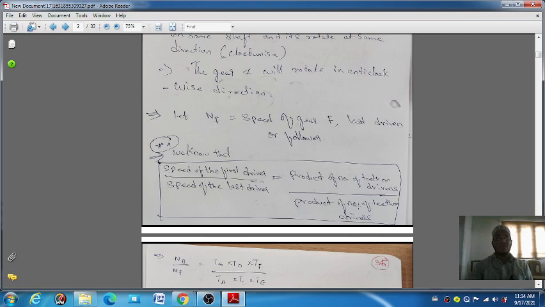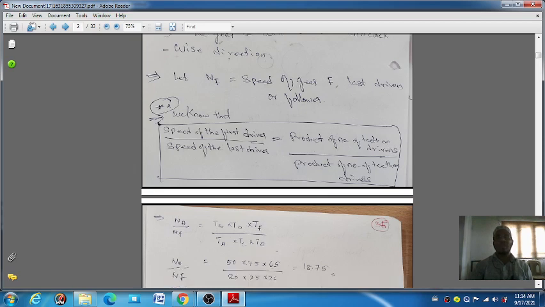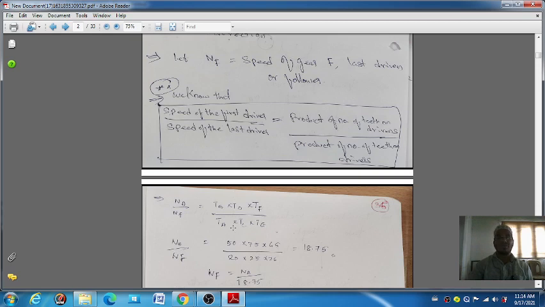Given data. So the product of the number of teeth on driven means TB, TD, TF, that is B, D, F. Just now I told you these are driven, and A, C, E are drivers. Just substitute the values: NA by NF. The speed of the first driver is given, NF we have to calculate.